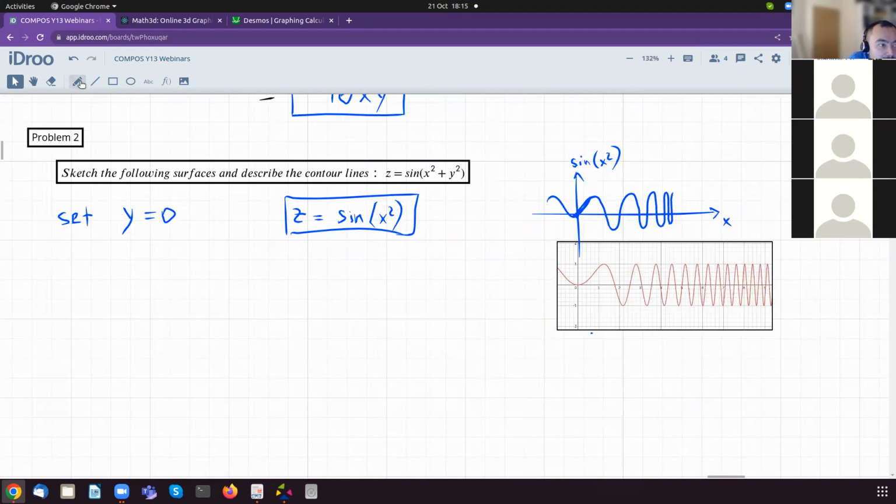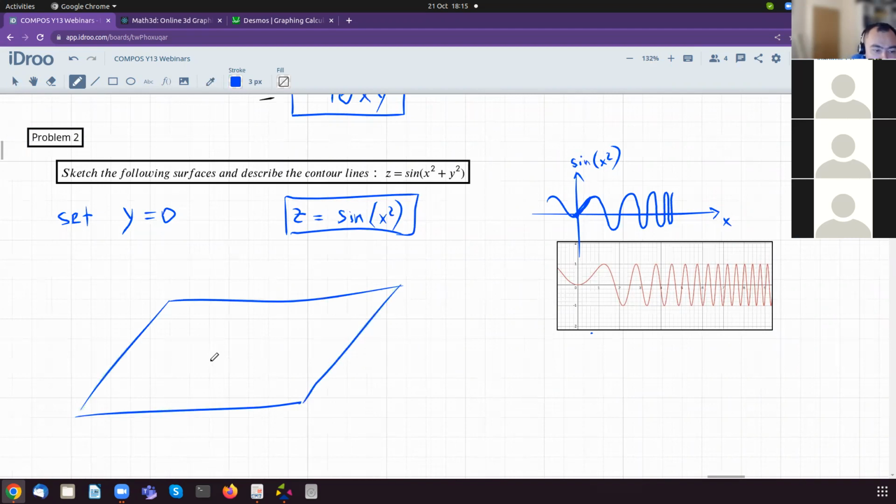Now we can notice that if we are on an XY plane, so this is X and this is Y, this is the XY plane. If you have a point with coordinates X and Y, then the distance from 0 is R, and R squared is X squared plus Y squared.